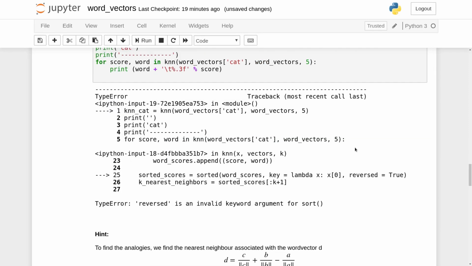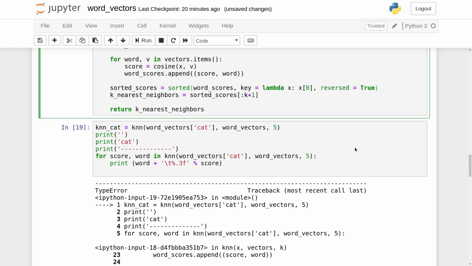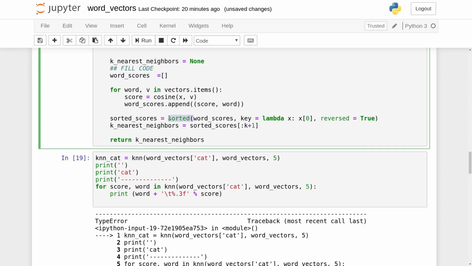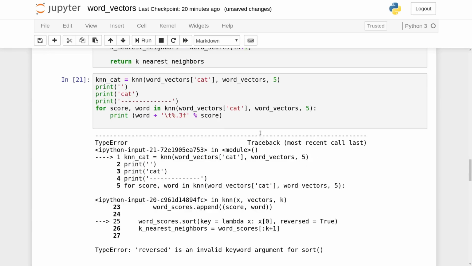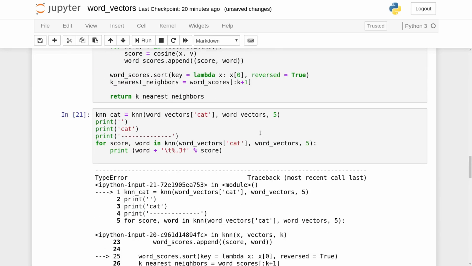It says reverse is an invalid argument for sort. Let's use a different function, dot sort, and let's check the reversed.